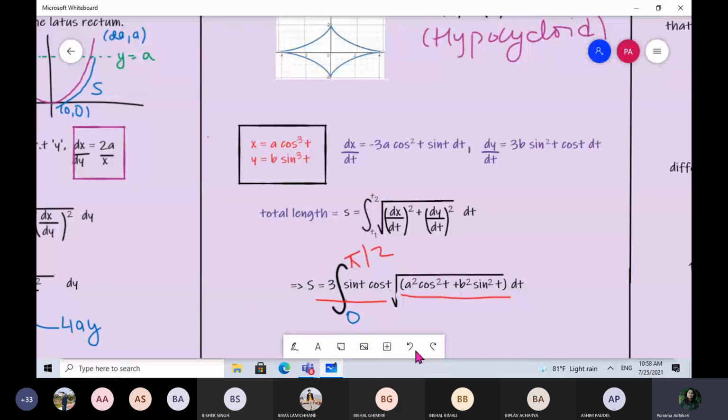Can you tell me what will be your assumption that helps you to integrate this function? Anyone quickly? Come on.